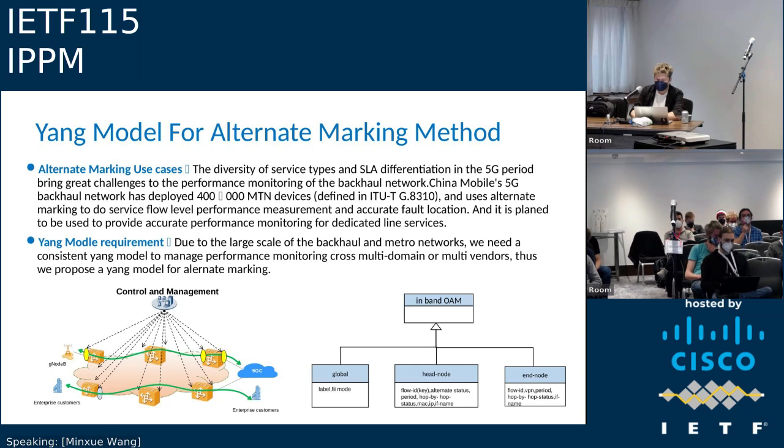For the end node, we can also configure the flow ID, VPN, period, hop-by-hop status, and the interface names. So this is our proposal. We welcome any discussions and comments. Thank you.